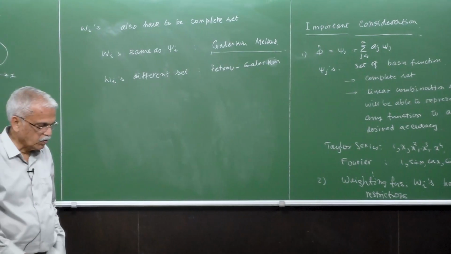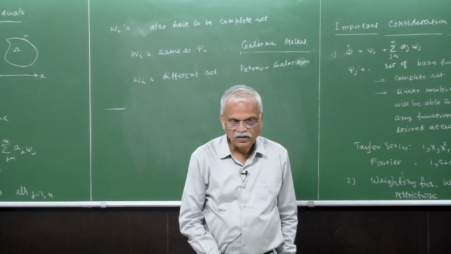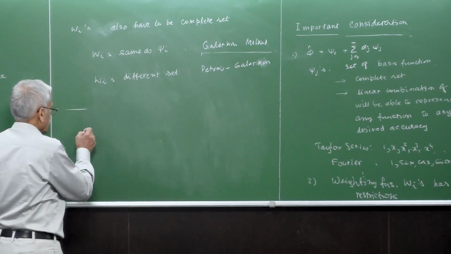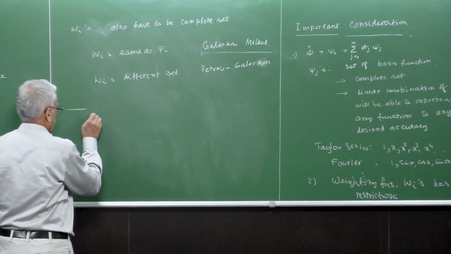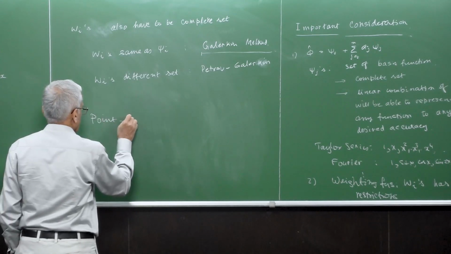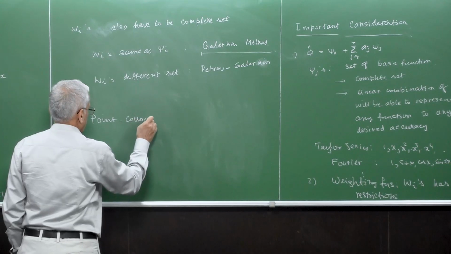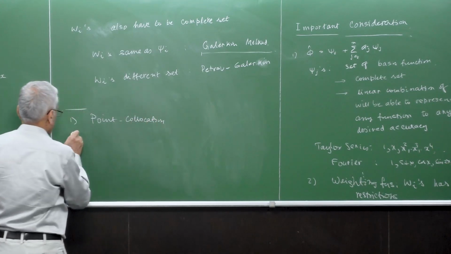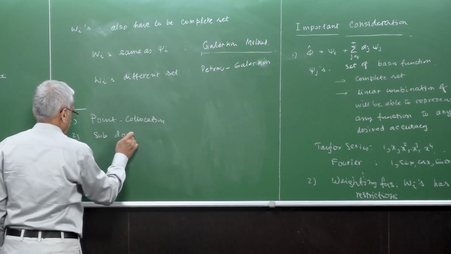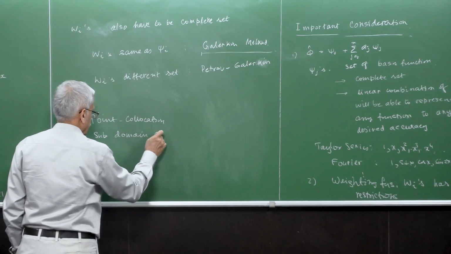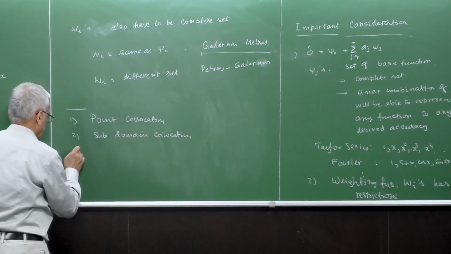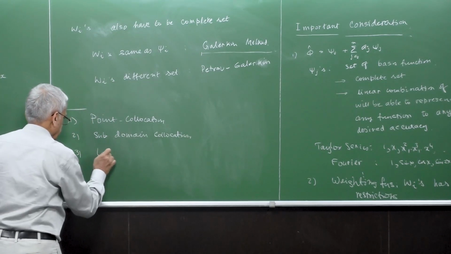There are a few associated things, like point collocation, subdomain collocation, or least square.